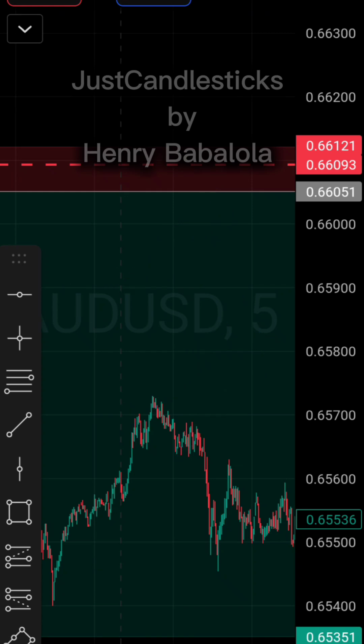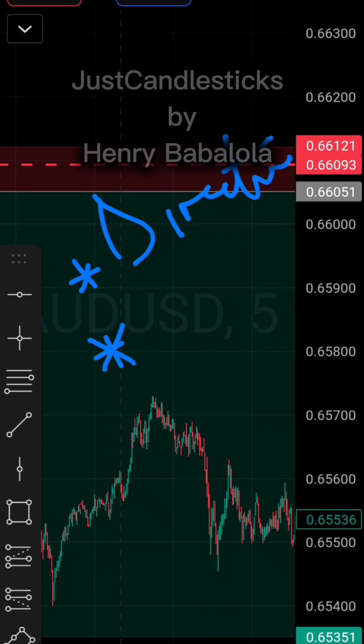Now, one of the things that you will learn in Just Candlestick is the fact that we teach you what is called direction of the market. Number 2, you learn target. What do you mean by a target? A target where you know there is enough space where you can make that same 1 to 10.